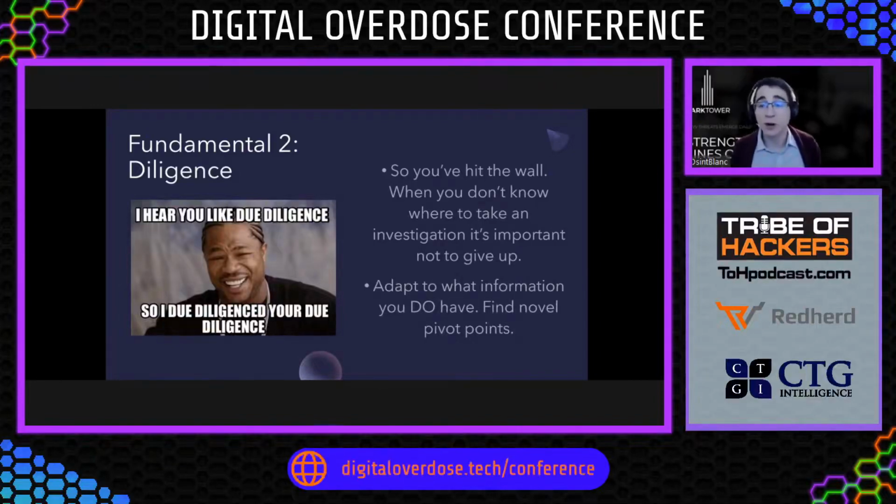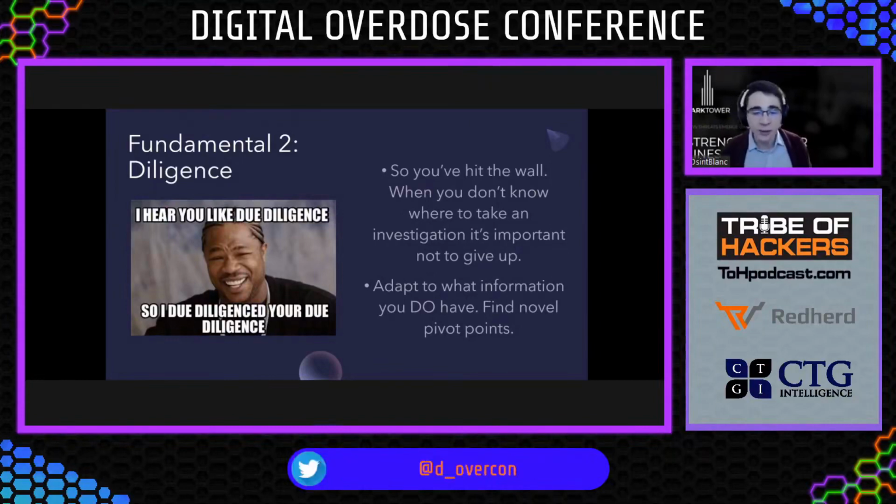So when you've hit a wall and you don't know where to take an investigation, it's often important that you don't give up. You have to push through when you don't know what to do. And this is what I always tell people: adapt, find information, and think about what information you do have. Find novel pivot points.